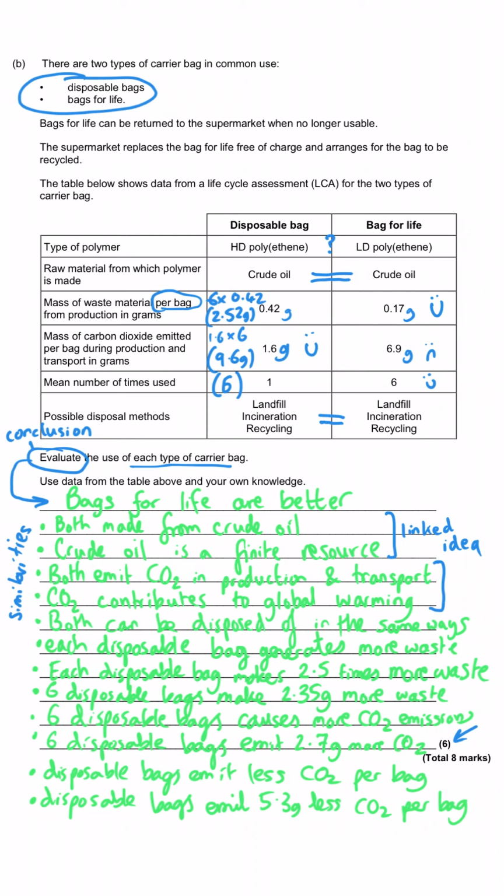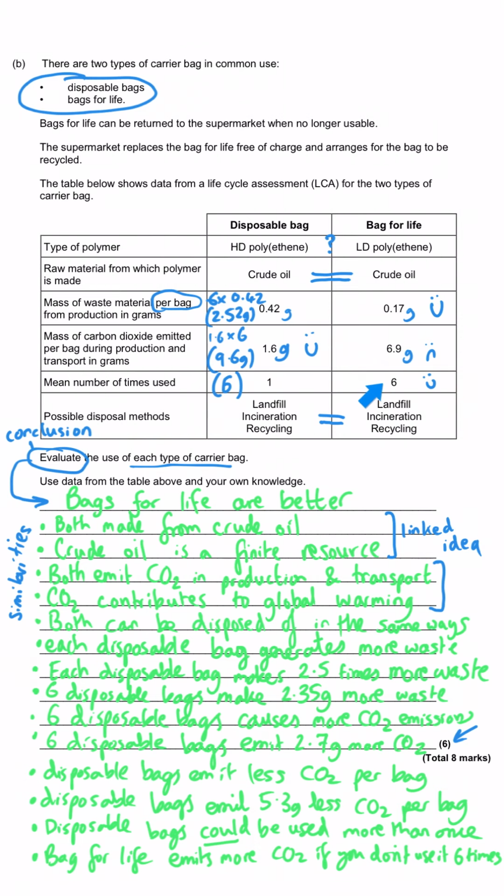And we can also say, though, that disposable bags, if we use them more than once, then definitely less CO2 will be emitted. Alternatively, the bag for life can be used 6 times. Well, maybe it won't be. What if somebody uses it fewer than 5 times? Well, that will definitely result in more CO2 being emitted.